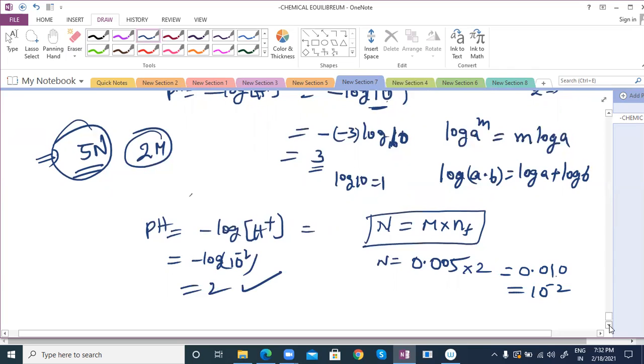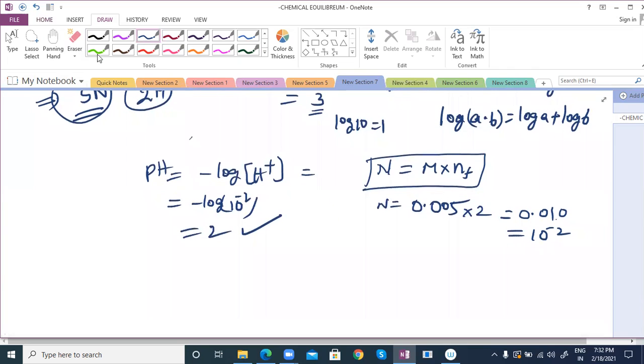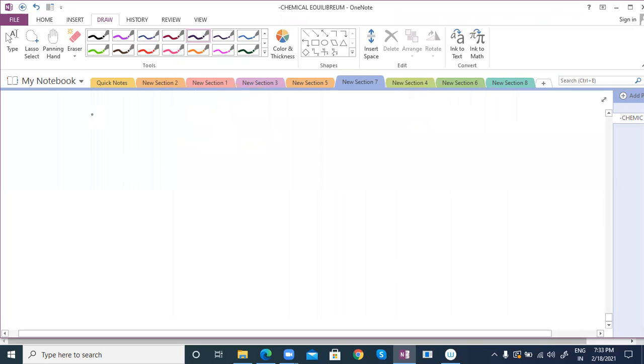Now, actually this is the basic formula. Now we are going to use these formulas in our calculations. I'm giving a list of them. pOH equals minus log OH minus, but all these are base 10 only.